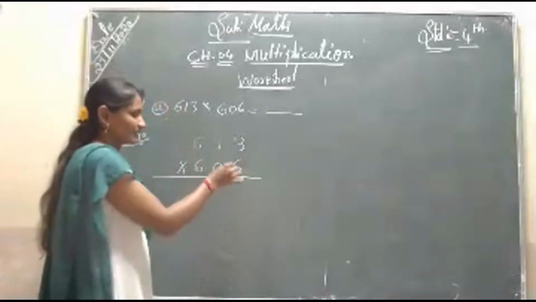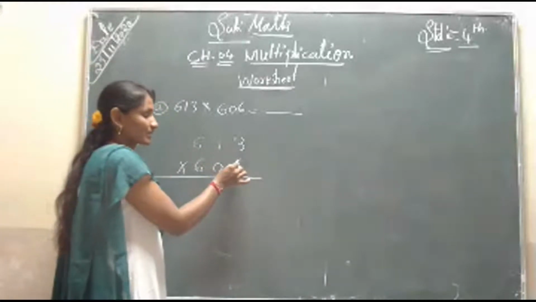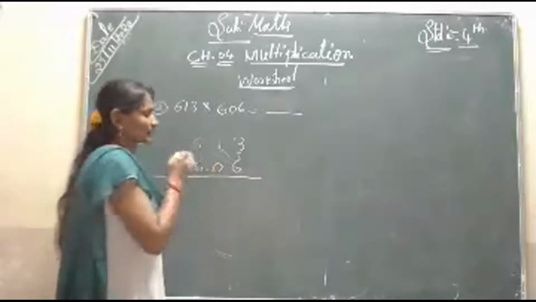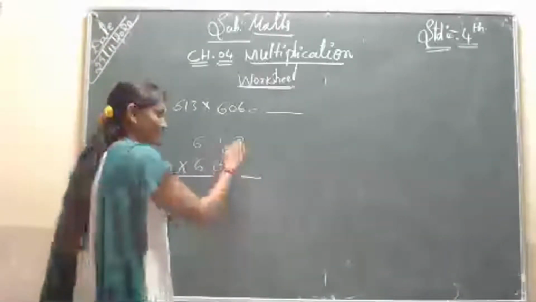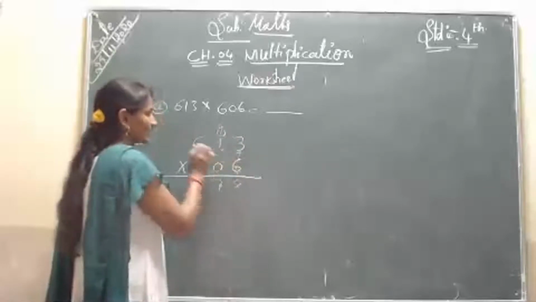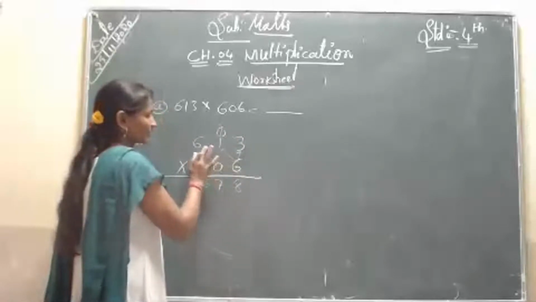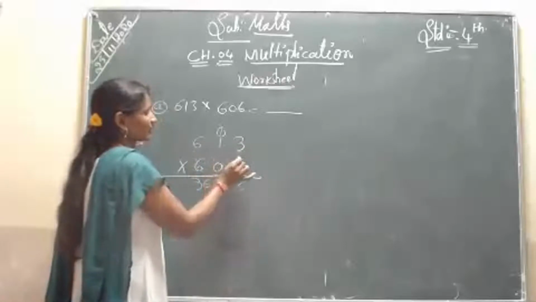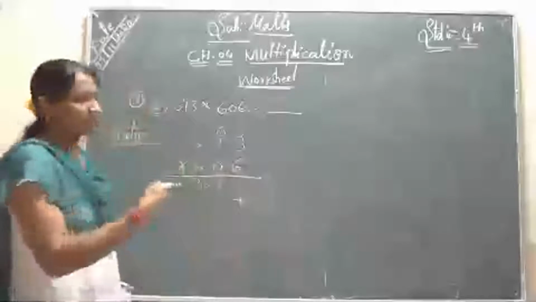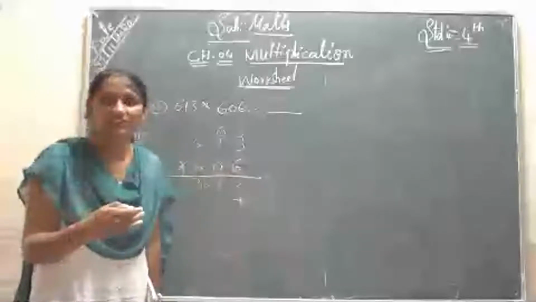Take this number from below. First multiply by 6. First 3, afterwards 6, afterwards 1, and then 6. 6 3s are 18. Yes, you have to write the carry. 6 1s are 6, plus 1, 7. 6 6s are 36. Yes, students, that is the first row. Now we have to complete it. First write the first row, then write the plus.